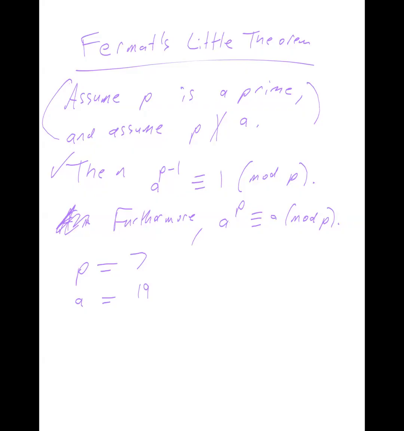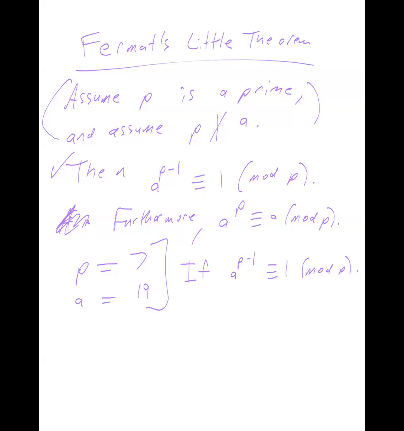So A is equal to 19. First, which one do you want to check first? A to the power P is congruent to A mod P, or do you want to check that A to the P minus 1 is congruent to 1 mod P? Start at the top. So let's check to see if A to the P minus 1 is congruent to 1 mod P. And we'll have to use that property repeatedly that says that if you have A times B, you can reduce A and B both mod M. So, ready?